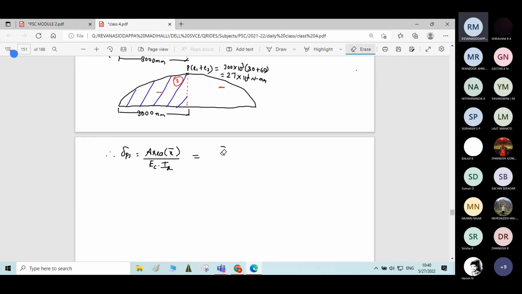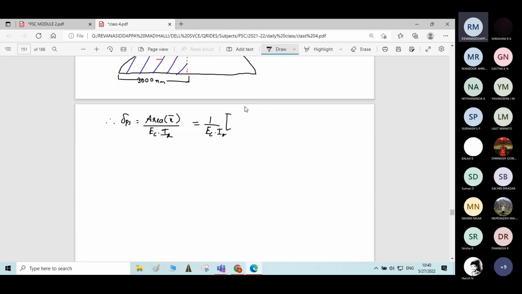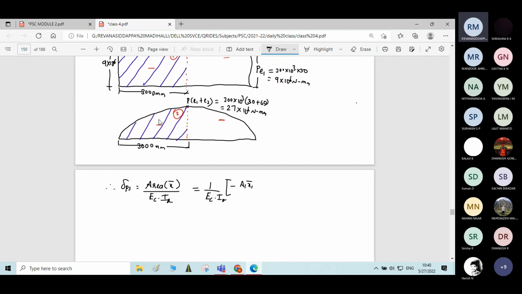That means this EC into Ix will be common. First we will take that common. 1 by EC into Ix into, here for component 1 sign is negative, minus A1 into x1 bar. For component 2 also sign is negative, again minus A2 into x2 bar.